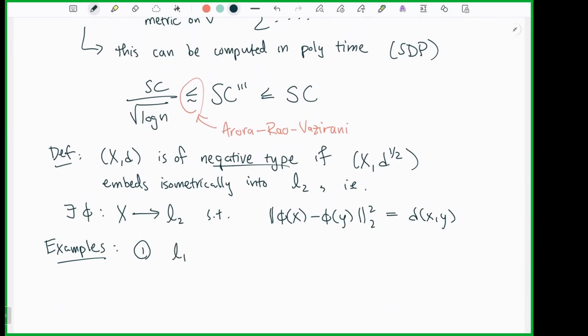This is not too hard to show. The second example is the Heisenberg group, like H3, H5, H7, and so on. These are all negative type spaces. I think not with the usual Carnot-Carathéodory metric, but that metric is bi-Lipschitz to one that is negative type. This was shown by James Lee and Assaf Naor. And these are the only examples of negative type spaces I'm aware of.